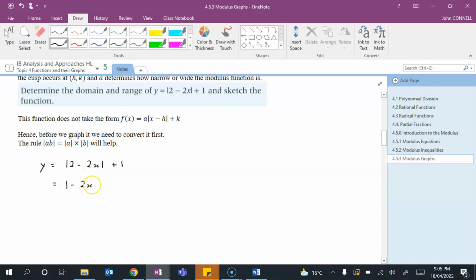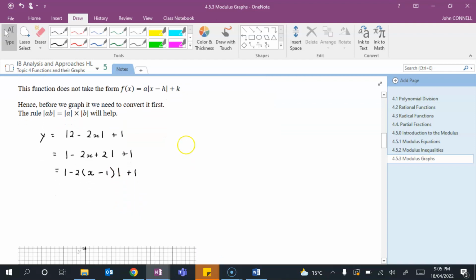Now I'll rearrange it first, so it's minus 2x plus 2, and then I'll say, okay, well that's a modulus of minus 2, and that will leave me with an x inside the bracket, and then if I take out minus 2 on this second term, I'll get take 1, because minus 2 times minus 1 gives me positive 2, plus 1.